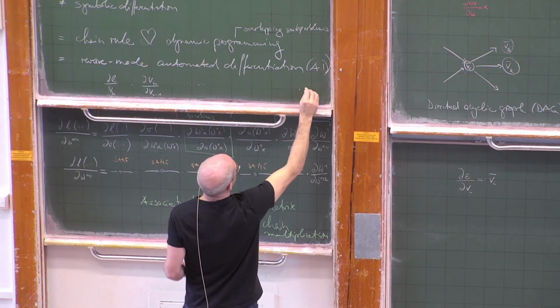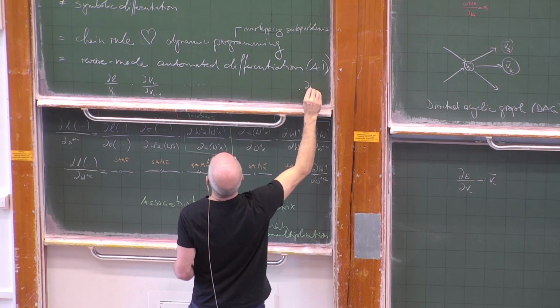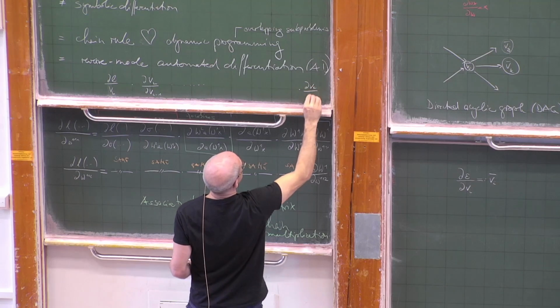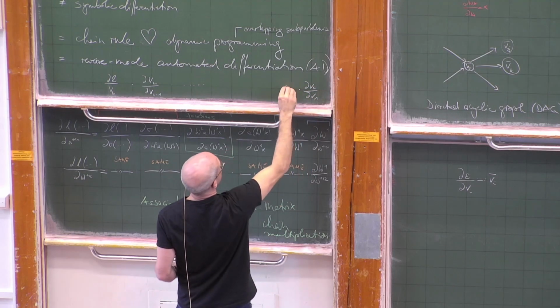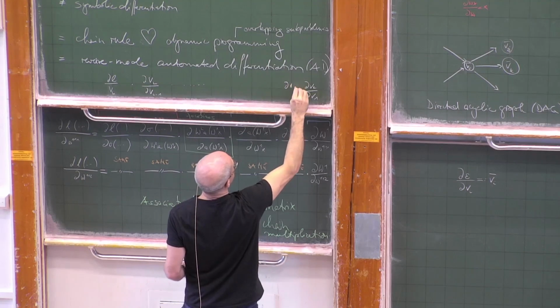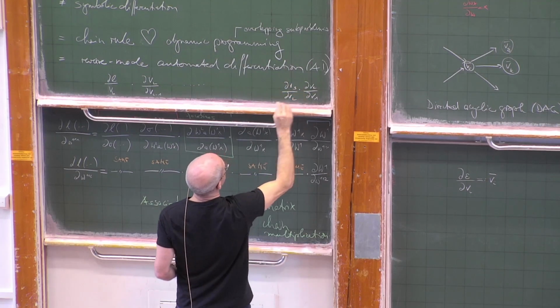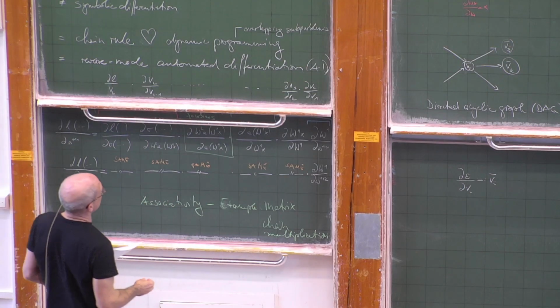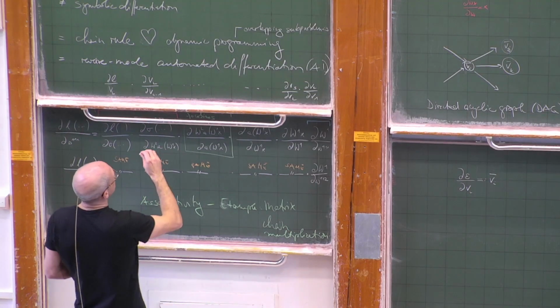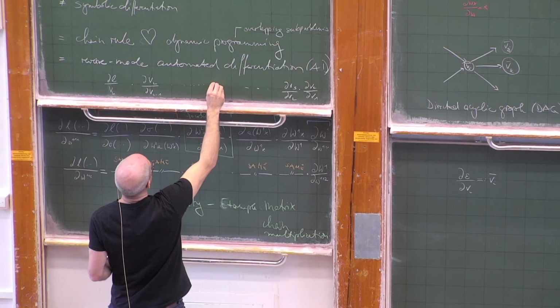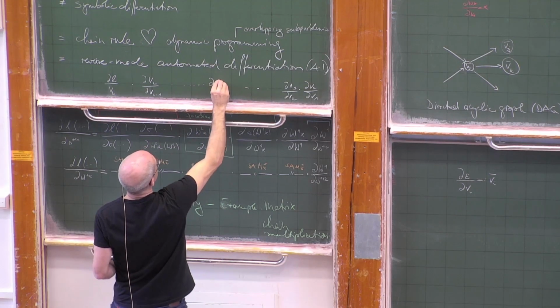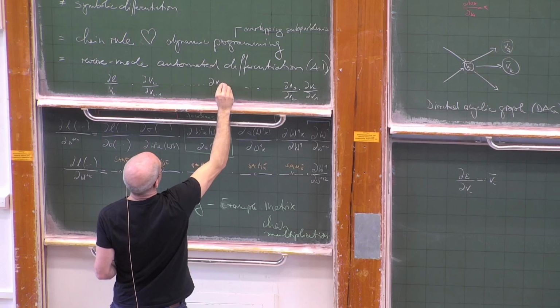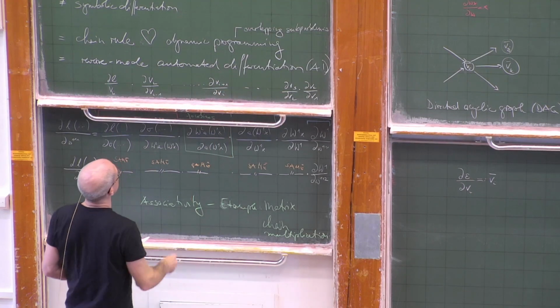And here at the end, we would have... And now somewhere in between here, we will have dv_{i+1} with respect to dv_i.